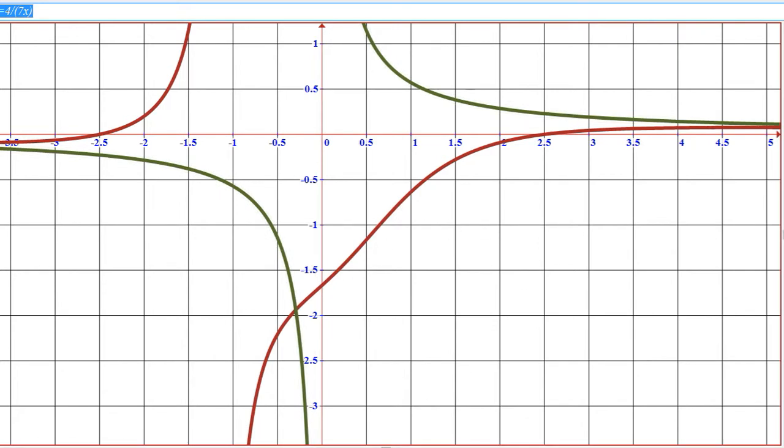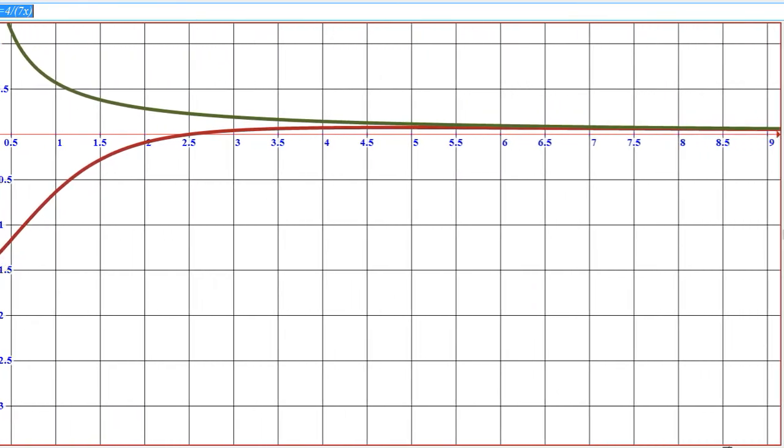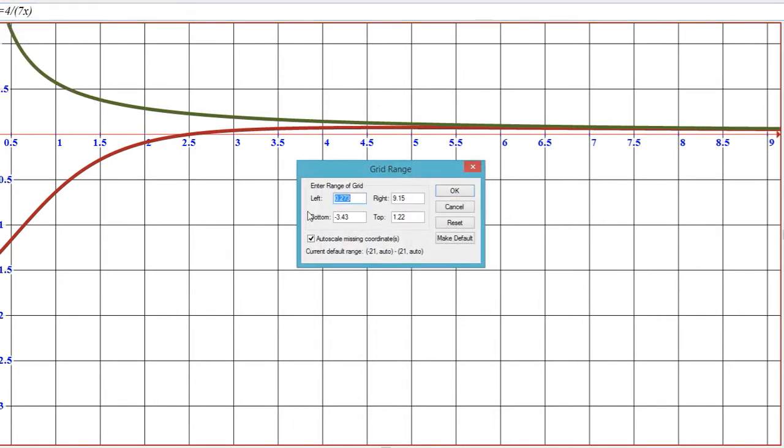Now, let's look what happens when we go over this way. Let's zoom in on this part here, say from 2 to the right. So let's change our grid range to go from, say, 2 to, let's go out maybe 20. But let's zoom in pretty close. Let's go in, again, -0.1 to 0.1.